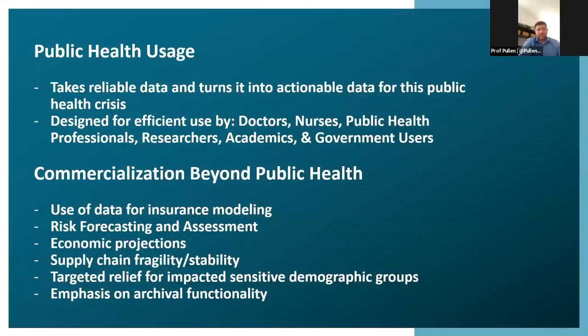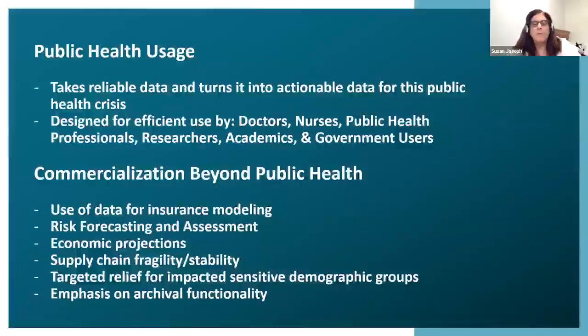You can see who uses this data today. It is designed for doctors, nurses, public health professionals, researchers, academics, and government users. It's been live since March 8th in its rudimentary beta form. It has potential beyond the initial use for public health. There is commercialization potential in insurance modeling, risk forecasting, economic projections.